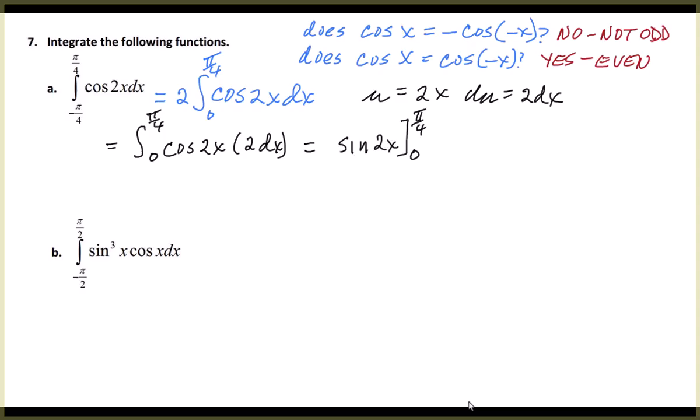What's the antiderivative of cosine? Sine. Watch out, don't put a negative in front of it. The derivative of cosine is sine. The derivative of sine is negative cosine. Weird. Okay, so I've got sine of 2x evaluated from 0 to π/4. Do we throw U in? Oh, U is gone. So if I've got π/4 times 2, isn't that just π/2?